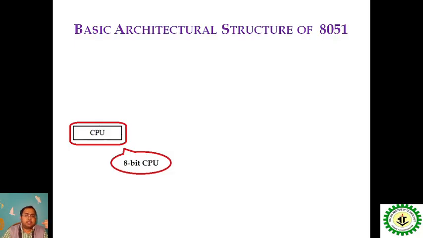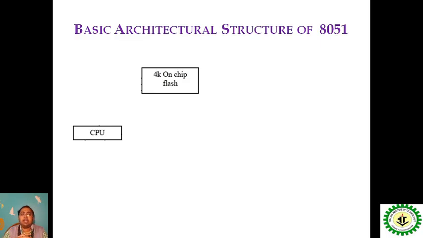In the case of the 8051 microcontroller, this CPU is 8-bit. What does it mean? It means that the 8051 microcontroller can process 8 bits of data at a time. That means whenever we perform any logical and arithmetic operations, they can be performed on two 8-bit data. That's why the 8051 microcontroller has a CPU of 8 bits.